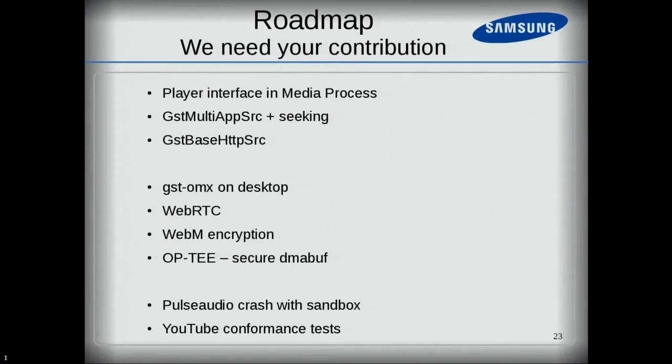So I talked about this already, this multi-app source element that for now is built in Chromium, but we want it to be outside. About progressive streaming, we would like to factorize with a sub HTTP source or the one in WebKit, in order not to implement a built-in element, but just a small interface.